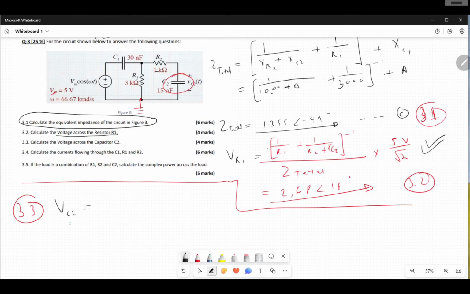So it's going to be the impedance of XC2 all over the total impedance on that branch, which is R2 plus impedance of C2, multiplied by the voltage at R1, because now we are dividing the voltage that is supplied here, which is this one here. Because I lost my answers somewhere, my answers will be inaccurate because of the mistake I made on my calculator.